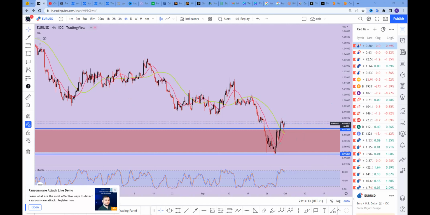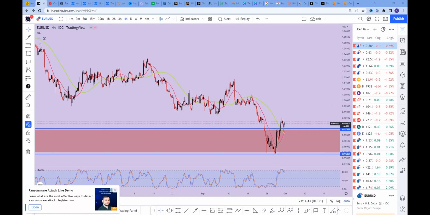Whenever you set pending orders on the higher time frame and you put your stop loss, what you are simply doing is that you are inviting the market makers to come and eat your stop loss. That's simply what you're doing.